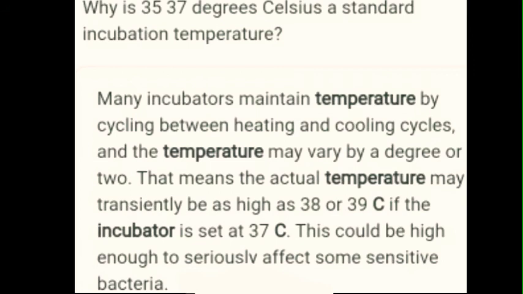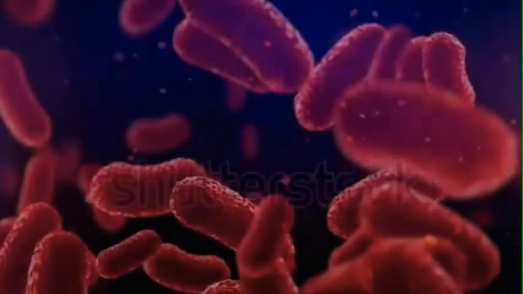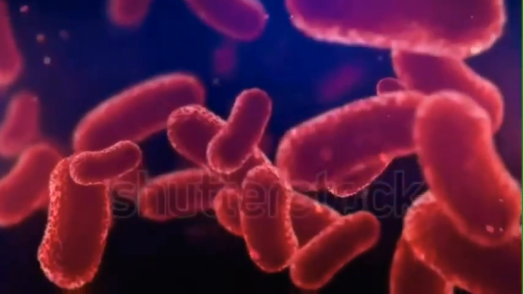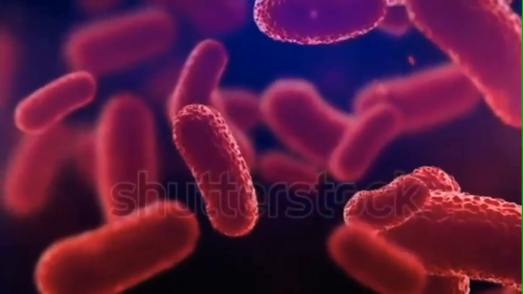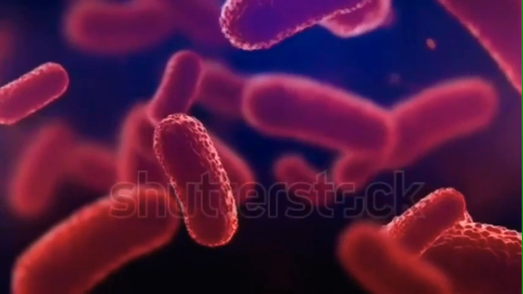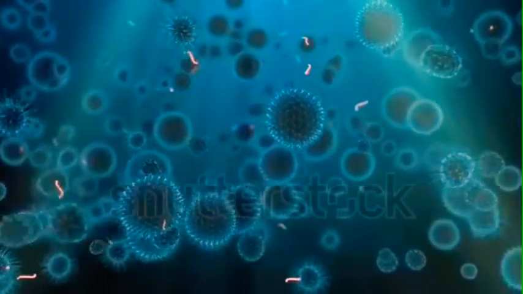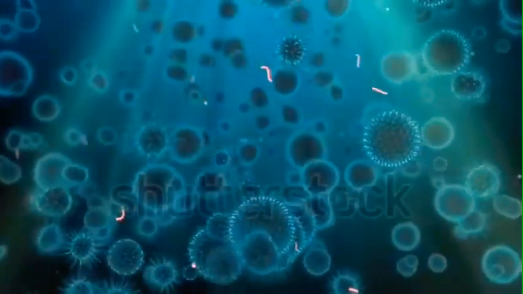That means the actual temperature may transiently be as high as 38 or 39 degrees Celsius. If the incubator is set at 37 degrees Celsius, this could be high enough to seriously affect some sensitive bacteria. Some sensitive bacteria grow at 34 to 35 degrees Celsius. If we maintain 37, then they cannot grow.